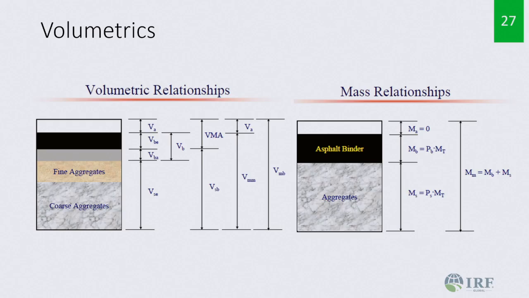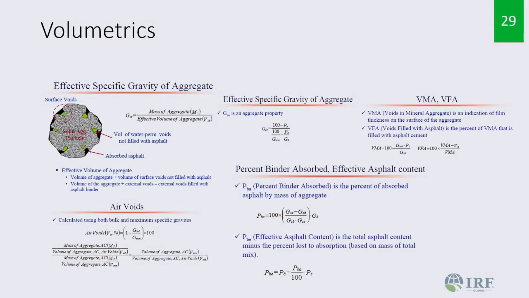We can now determine, based on the mix, these properties. Now we can determine your air voids, you can determine your GMB, GMM, volume, VFA, VMA, all those properties that we were talking about can be determined after this.